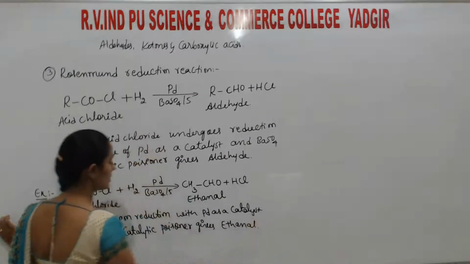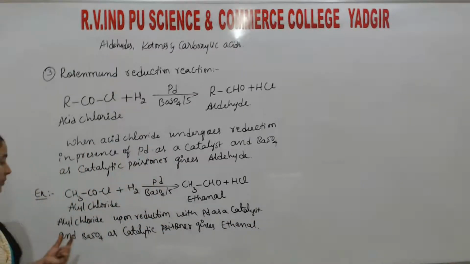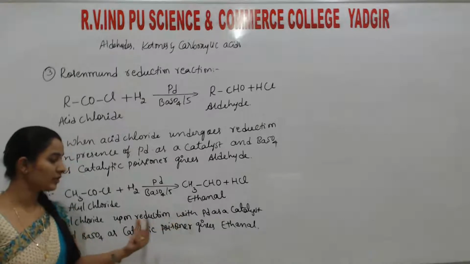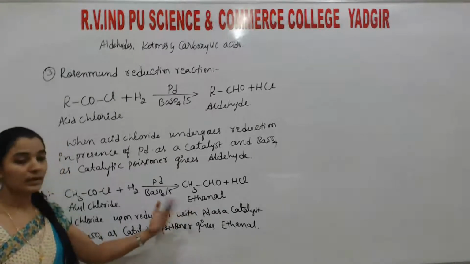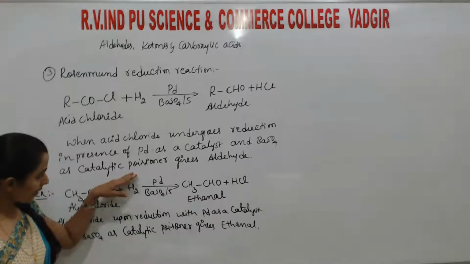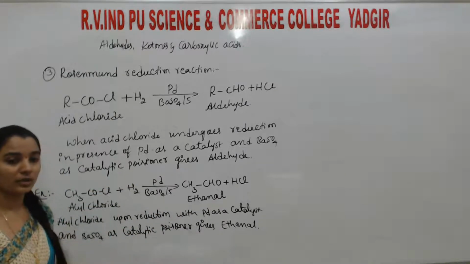Of course, this is also the statement: acid chloride upon reduction with palladium as a catalyst and BaSO4 as a catalytic poisoner gives ethanal. Compared to this, this is the easy statement.